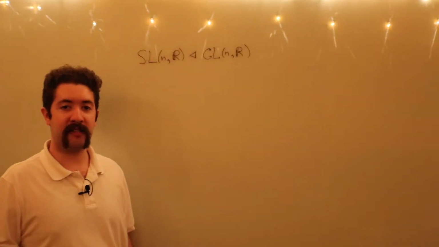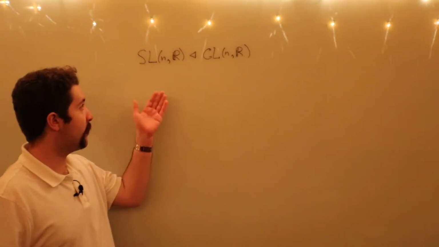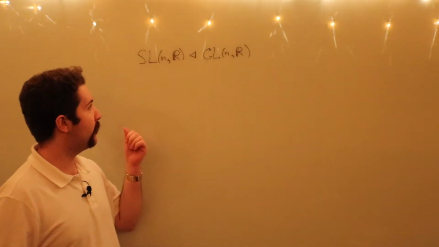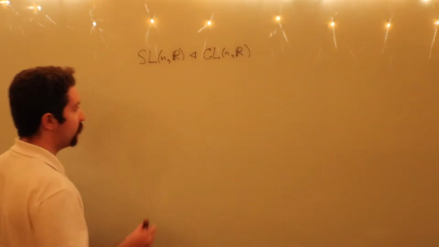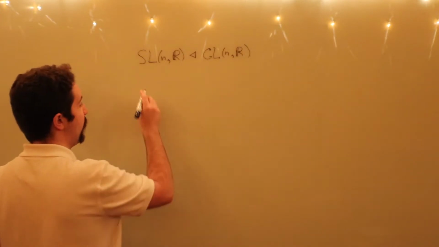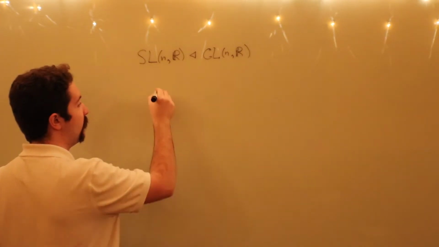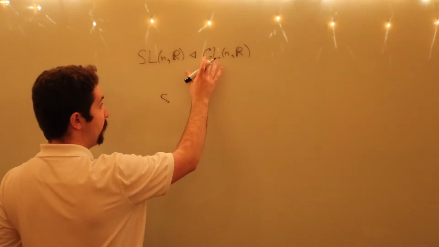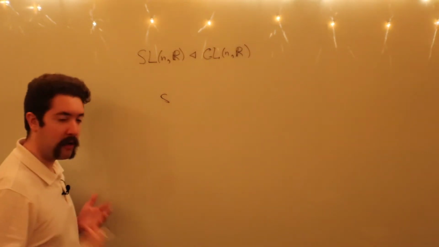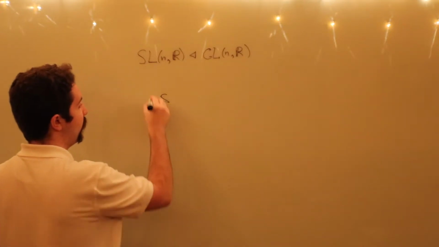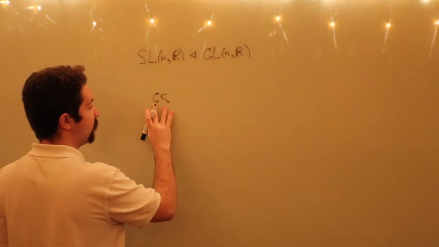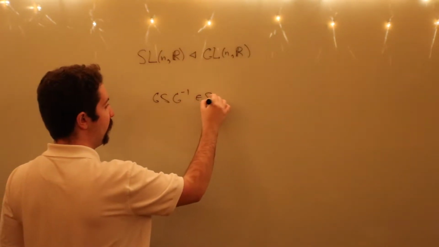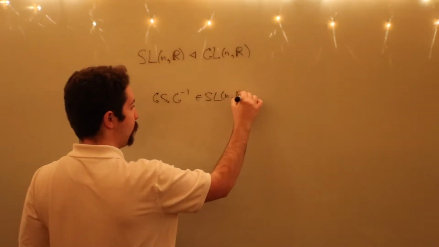All right, for our third example, we're going to look at the matrix representations again of the special linear and general linear group over the real numbers. So if we have an arbitrary element of SL, we'll just call it S so we don't get confused, and an arbitrary element of GL, which we'll call G. The question is going to be, is the product G S G inverse always going to be in the special linear group?